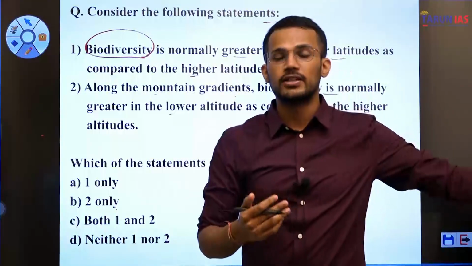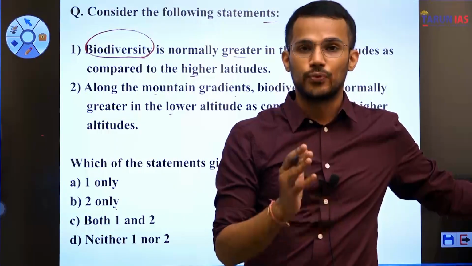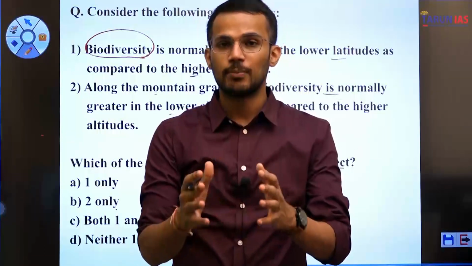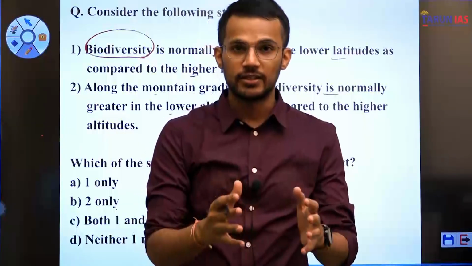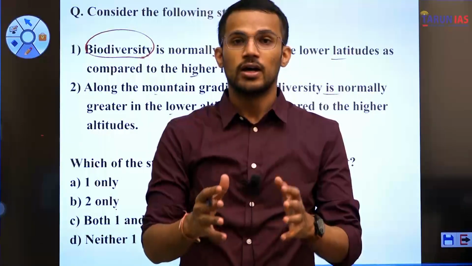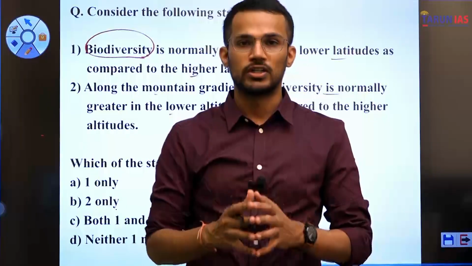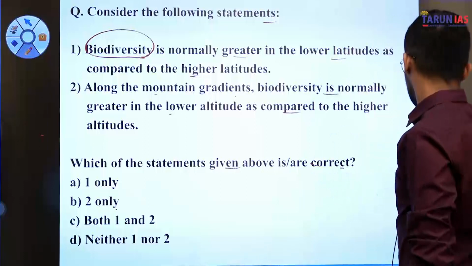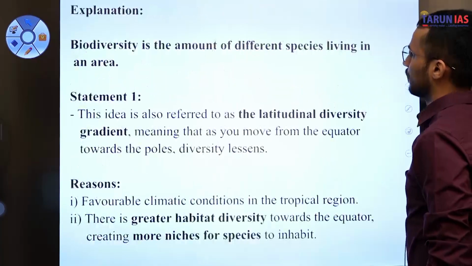Rather, it is related to those factors which are favorable, because of which lower latitudes will have high biodiversity compared to higher latitudes, and similarly, lower altitudes of a mountain gradient have high biodiversity than the upper altitudes of a mountain gradient, right? So this question is about the factors that are influencing biodiversity. So let us discuss this question.